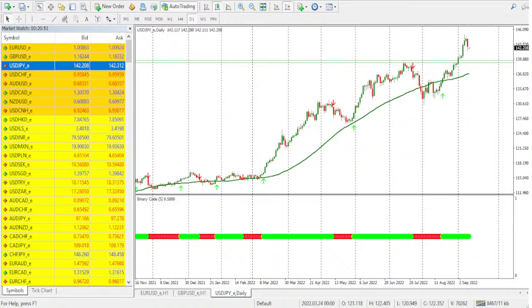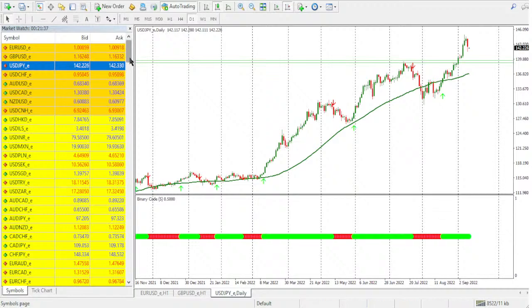We do expect that the price should continue downwards at least up to the two lines, which are this one here, so that we pick a buy position when the price gets to that point. So that is USD JPY.